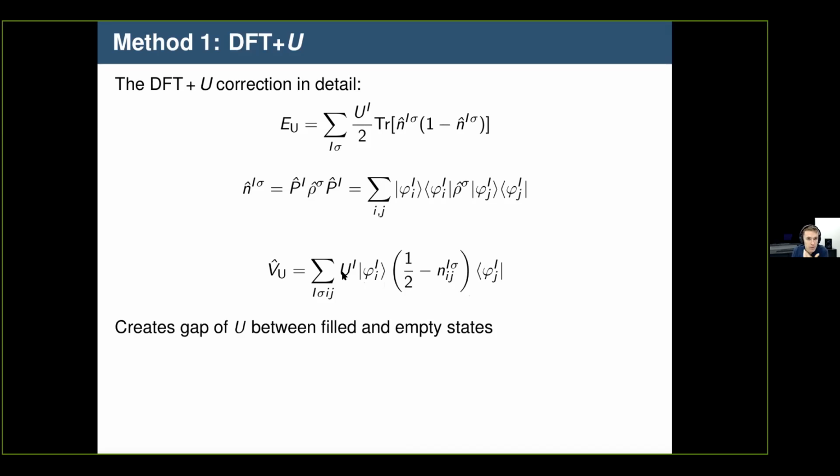So filled states are lowered by U over 2. And if we're looking at an empty state, then this N_ij is 0, and so they will be raised by U over 2. So ignoring relaxation effects, what this corrective term is going to do is create a gap of size U between filled and empty states with appreciable overlap on this particular subspace spanned by the orbitals.